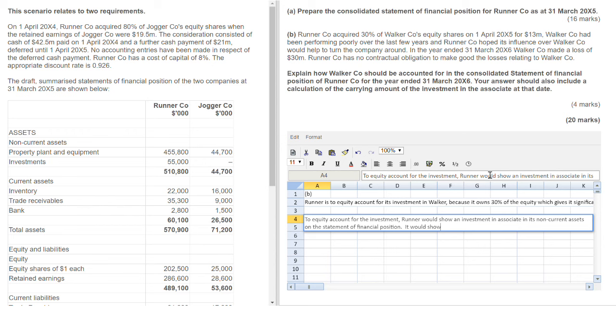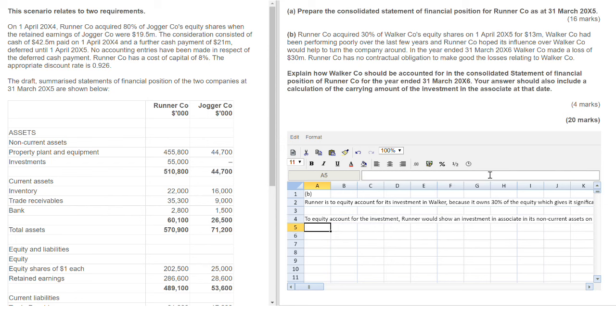It would show its share of profits / losses on the statement of profit or loss immediately before profit before tax.